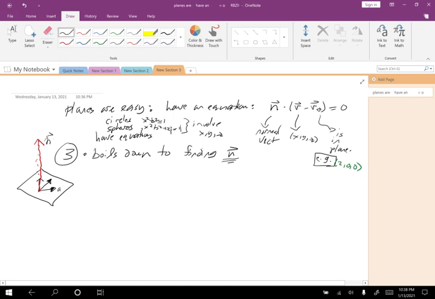So this is A and this is B, then I claim that you can get a normal vector n by taking A cross B. So this is the normal, and these are two tangent vectors.